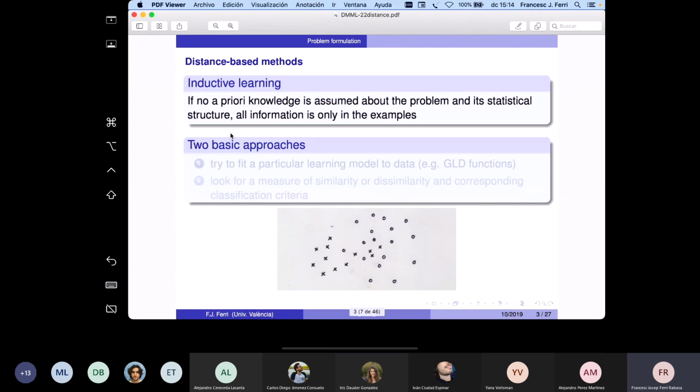Or at least from the point of view of what has traditionally been called non-parametric approaches, we have mainly two very basic approaches. The first one is to assume something about the classifier itself. For example, let's assume my classifier is a linear function.